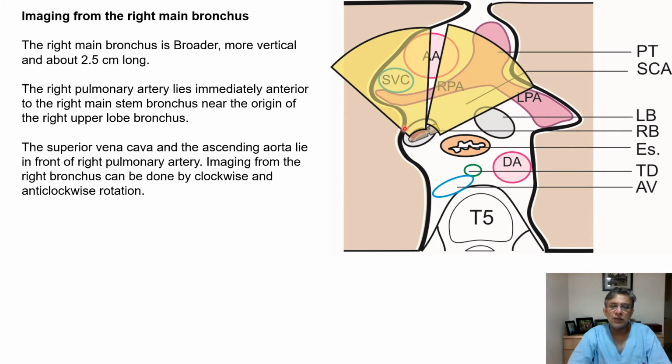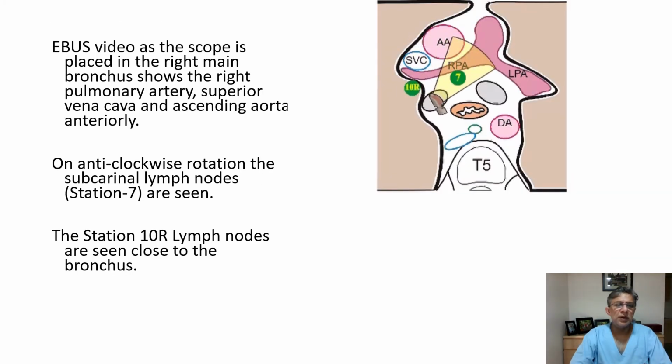From the bronchus, we can see the right pulmonary artery, superior vena cava, ascending aorta, main pulmonary trunk, and by rotation further through the pulmonary trunk, the left pulmonary artery. This video shows these structures, and on anti-clockwise rotation we can see station 7, and on clockwise rotation we can see station 10R.